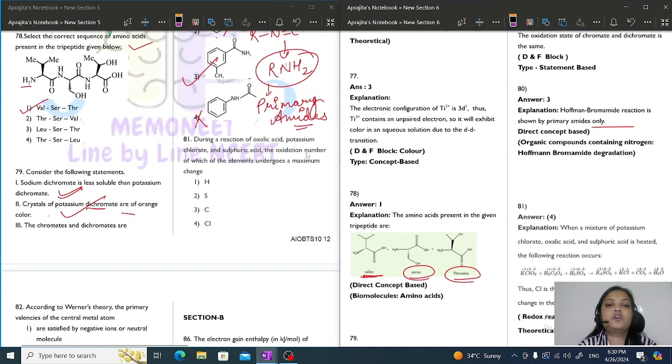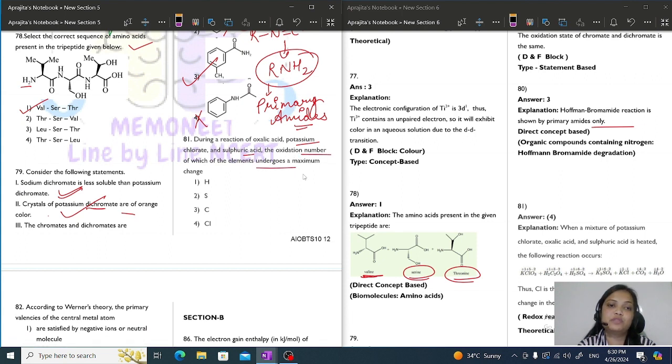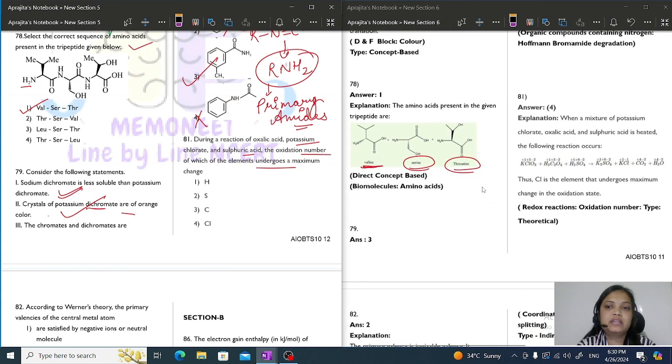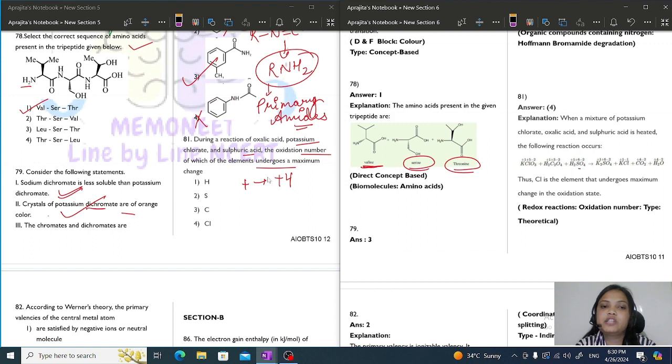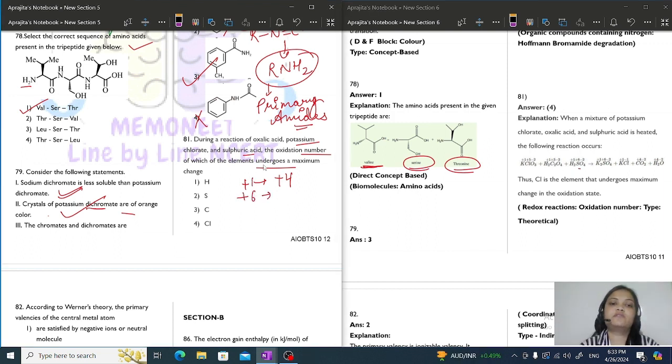During the reaction of oxalic acid, potassium chlorate and sulfuric acid, the oxidation number of which of the elements undergoes a maximum change? For that, we need to see the reaction. Here students, we can see the reaction. For hydrogen, the state is +1 and it is changing to +4. Then for sulfur, the oxidation state remains the same, +6 to +6.